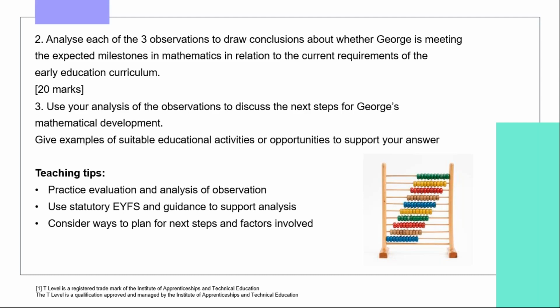I think what's important here is to remember that the insert that you're given from NCFE, from us, will actually set the scene for these 3 observations. So there'll be a little bit of a brief as to what's going on and what the area is that this particular child will have the observations based on, for example.